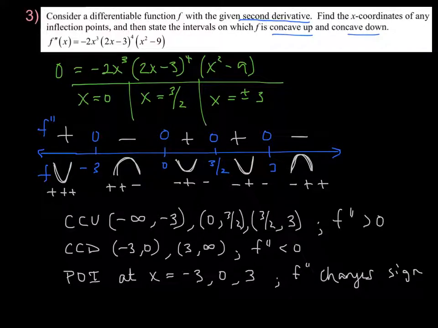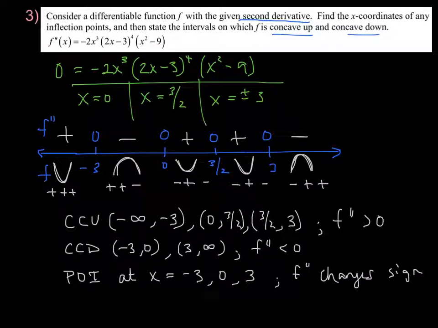Okay, so go ahead and quickly compare your work. You should have gotten critical values of 0, 3/2, and positive and negative 3. I put those on my number line, my sign chart. I labeled the top as f double prime and the bottom as f. And then I tested values. Some shortcuts: a negative number cubed is always going to be negative, so the first one is always going to be positive anytime you test a value to the left of 0.